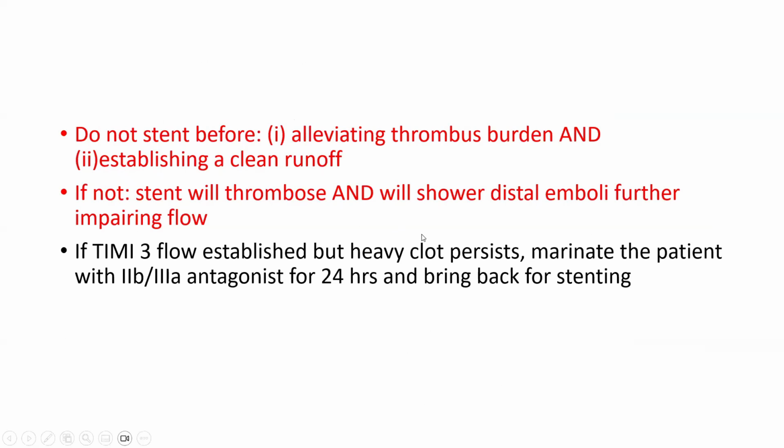Then a major idea is to not stent before alleviating thrombus burden and establishing a clean runoff. If you establish a good runoff, but you have not been able to alleviate the thrombus burden, you may try to marinate the patient with 2B3A antagonists for 24 hours, then bring him back, rather than stenting in the midst of a heavy thrombus and creating a shower of distal emboli, which will impair flow, cause arrhythmia and hemodynamic compromise, and your stent will thrombose anyway.